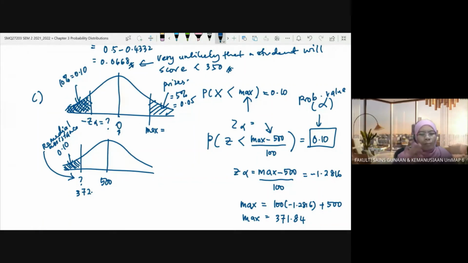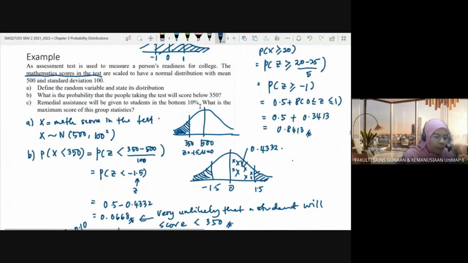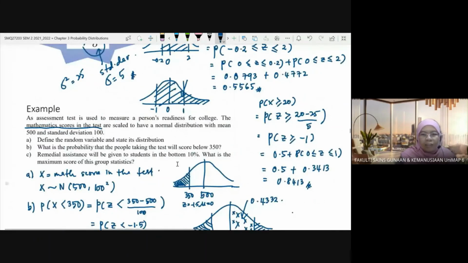My concern is that if the question gives you the probability value, then most of the time you will have to refer to the upper tail table.